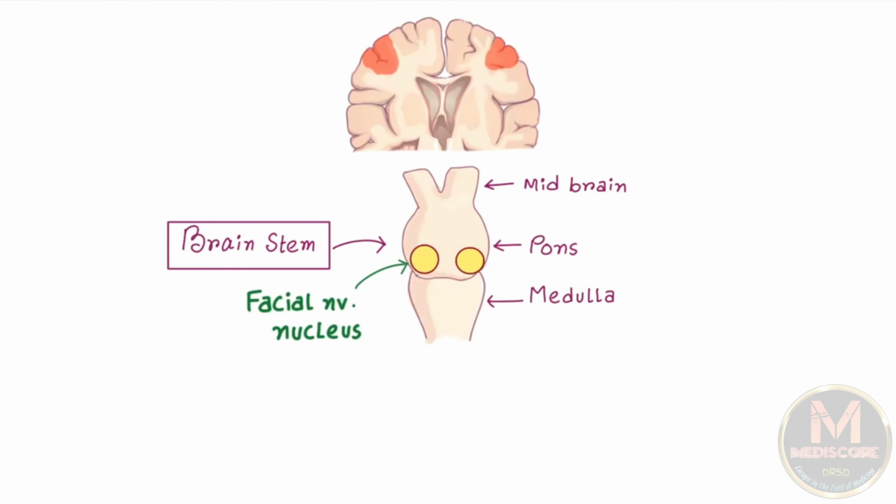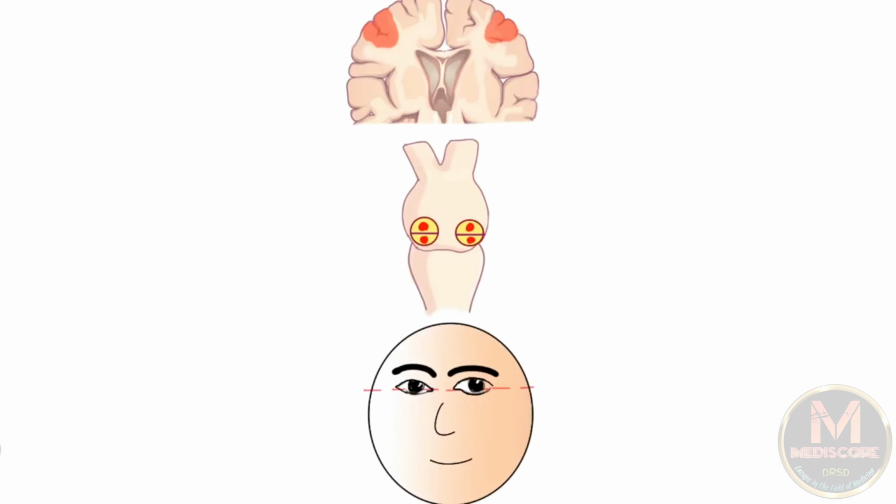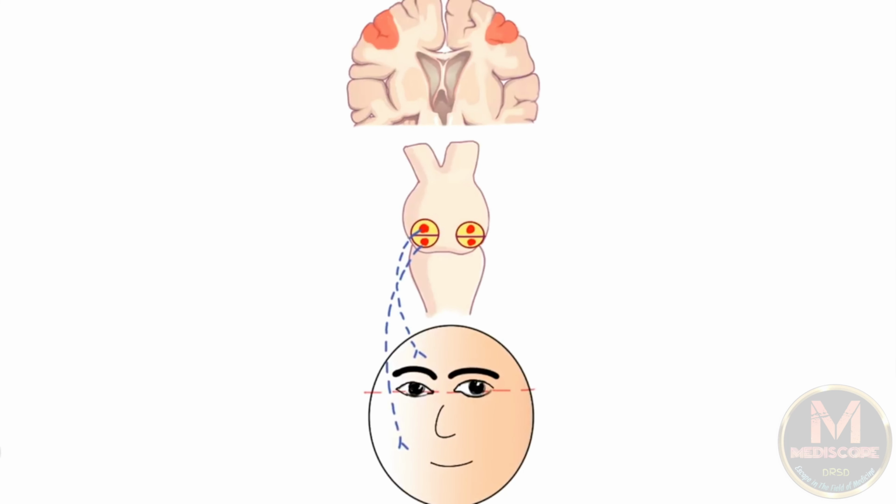Now this facial nuclei is arbitrarily divided into upper facial nuclei and lower facial nuclei. The upper facial nuclei supply the ipsilateral upper hemiface and the lower facial nuclei supply the ipsilateral lower hemiface.